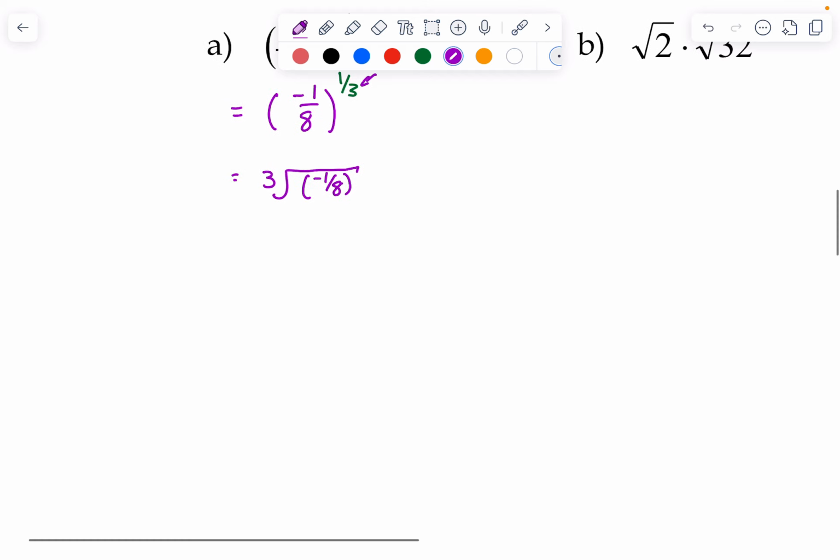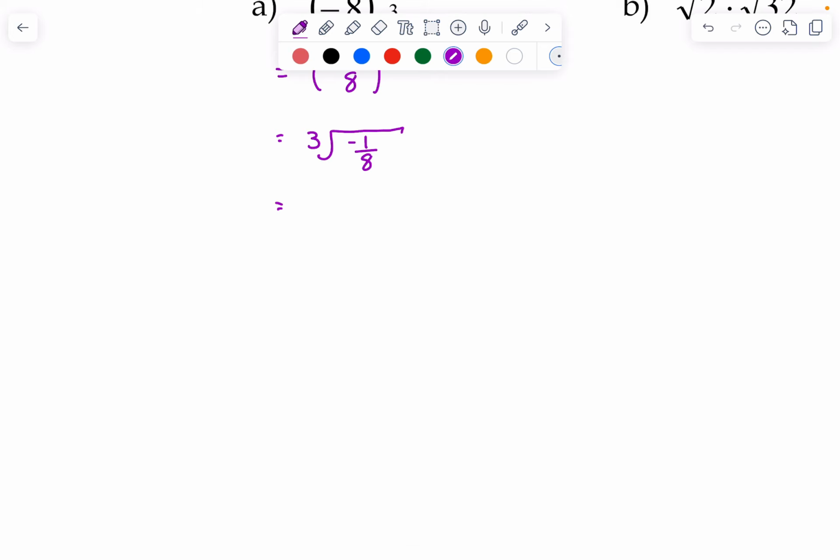Well, we can take the root of both the numerator and the denominator. We can distribute that root to the top, so third root of -1, and we can distribute that third root to the denominator, 8.